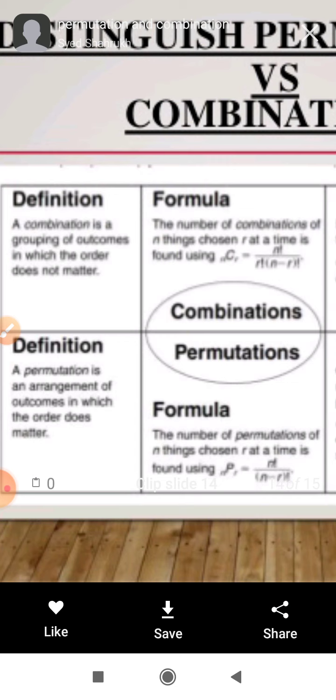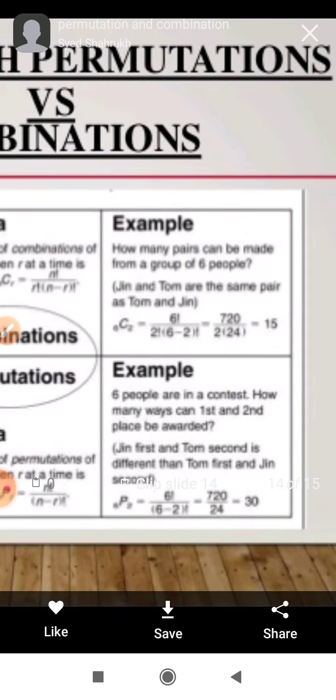The formula of combination is nCr is equal to factorial n upon factorial n minus r into factorial r, whereas the formula of permutation will be nPr is equal to factorial n upon factorial n minus r. An example in this regard is given here.